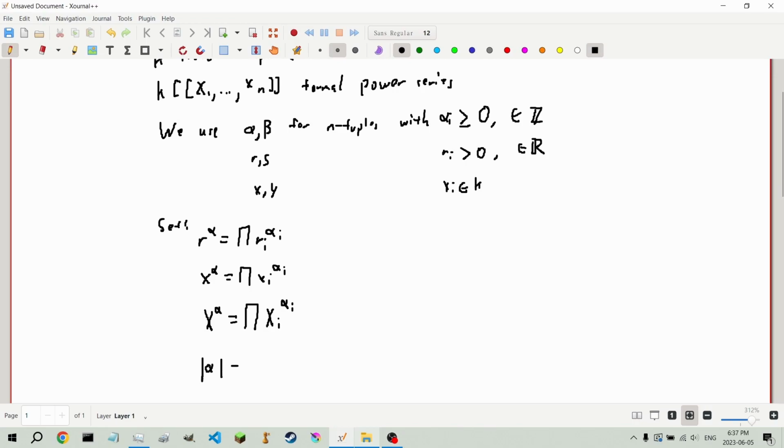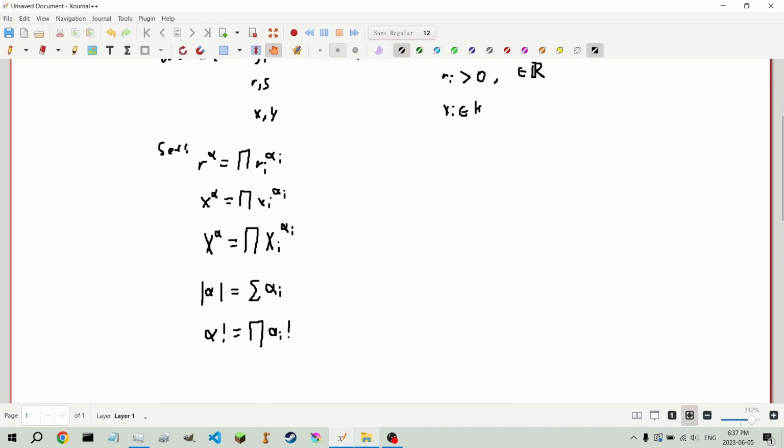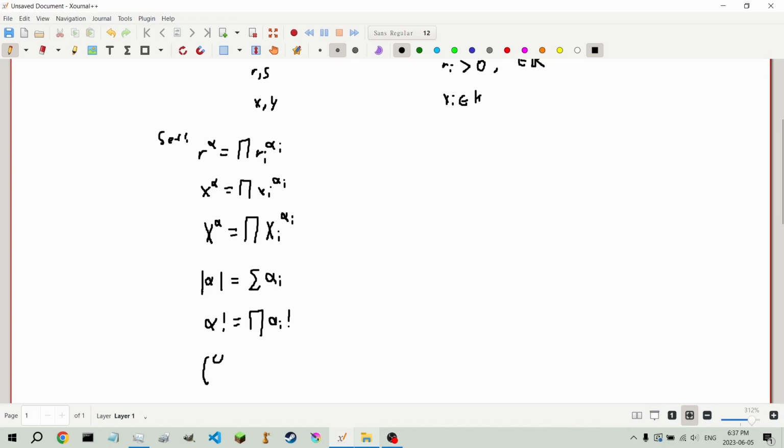The size of alpha will be the sum of its components. Keep in mind, these are non-negative, so we're not going to have any sign issues. The factorial of alpha is going to be the product of the factorials of its components. Alpha choose beta is going to be alpha factorial over beta factorial times alpha minus beta factorial.